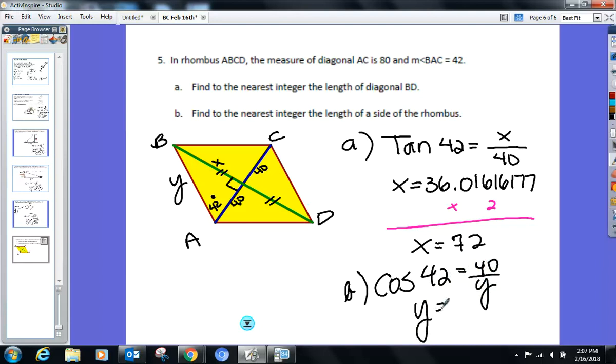And as you keep finishing here, make sure you end up with 54 for the side of the rhombus.